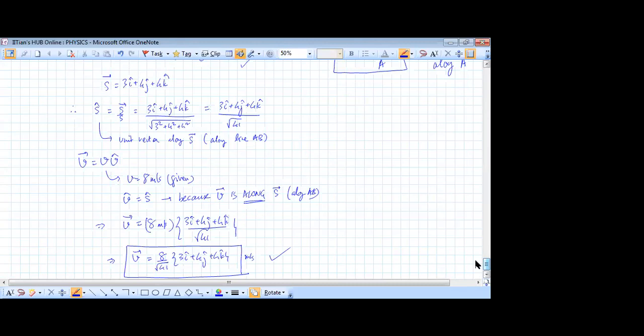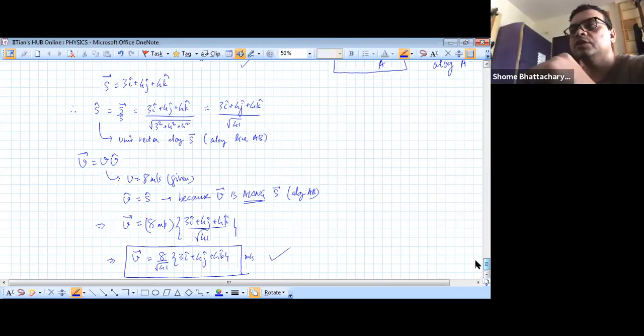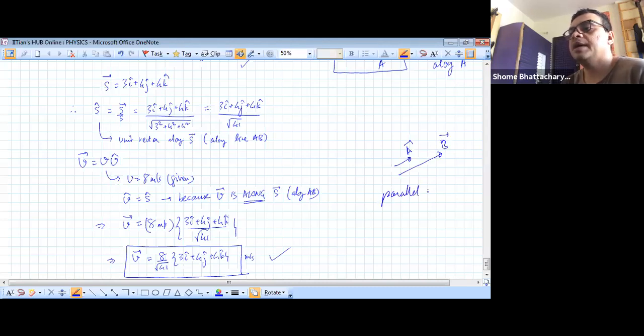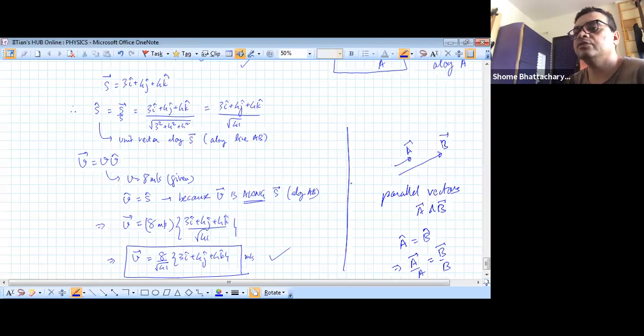Okay, people. So this is the concept of unit vector. How we can make use of unit vector when two vectors are parallel to each other. So if vector A is parallel to vector B, parallel vectors A and B will always be such that A cap is equal to B cap, or vector A divided by mod A will be equal to vector B divided by mod B. So this is the concept of parallel vectors that we used over here for displacement and velocity.